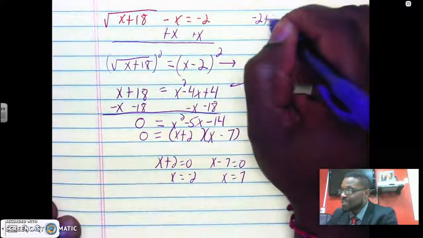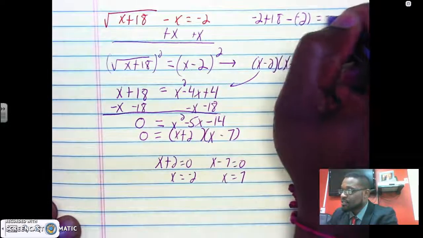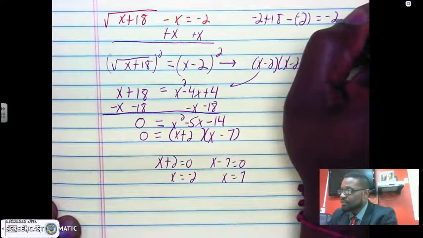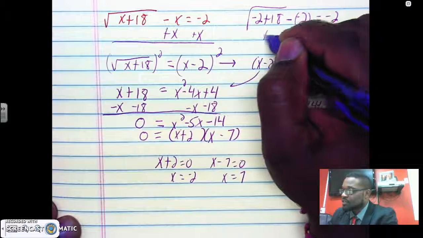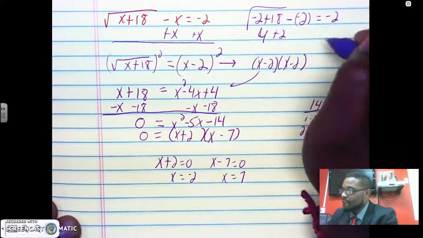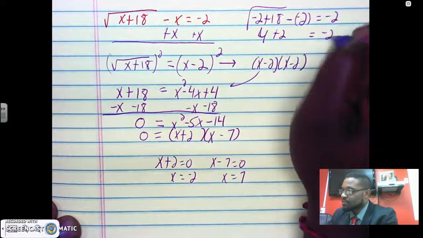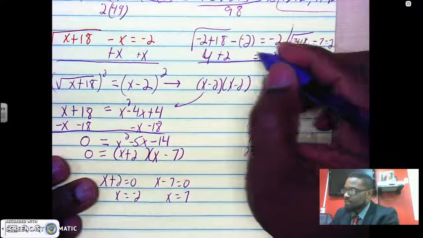Negative 2 plus 18 minus a negative 2 equals negative 2. So this is 4. The square root of 16 is 4 plus 2 equals negative 2.